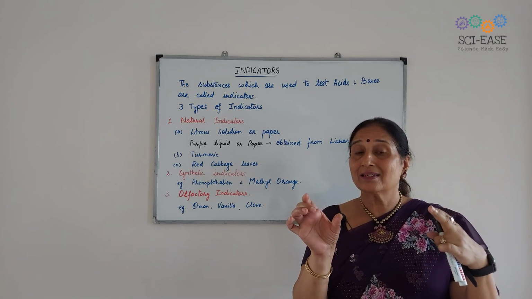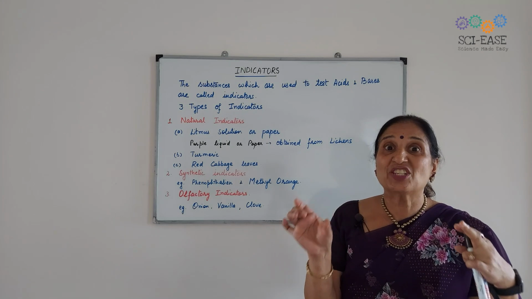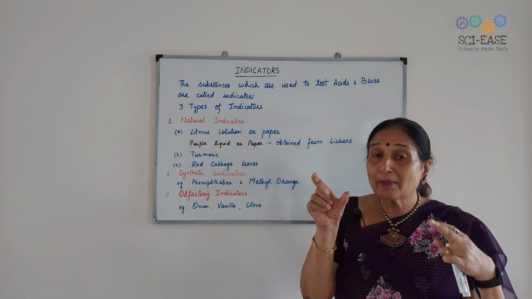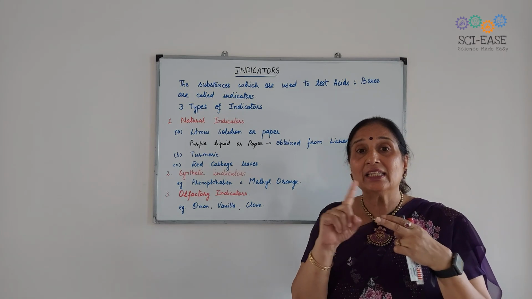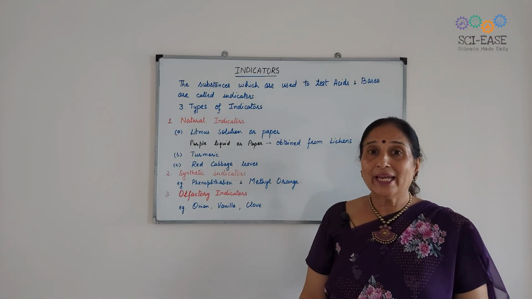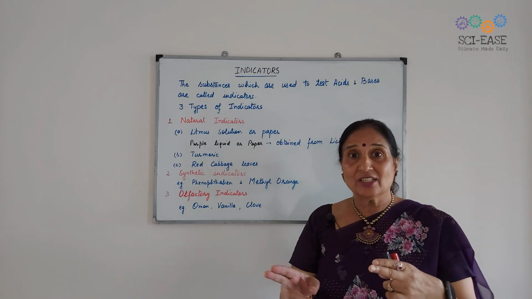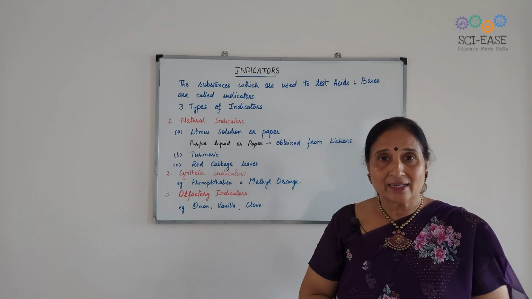This litmus is extracted from the plant known as lichens. Lichen is a plant where algae and fungi live in symbiosis. Okay? So, from lichens, litmus is extracted.